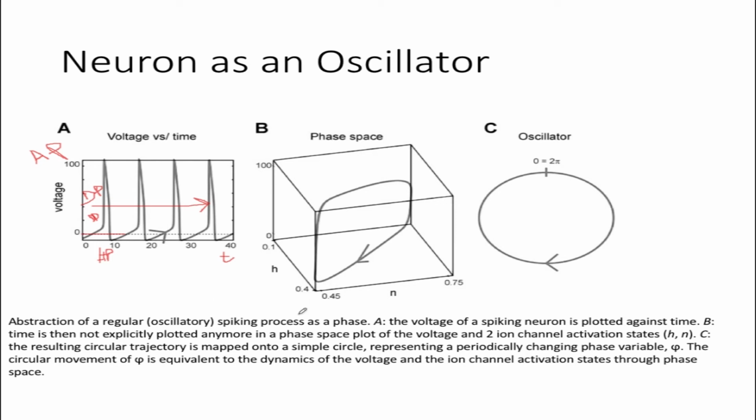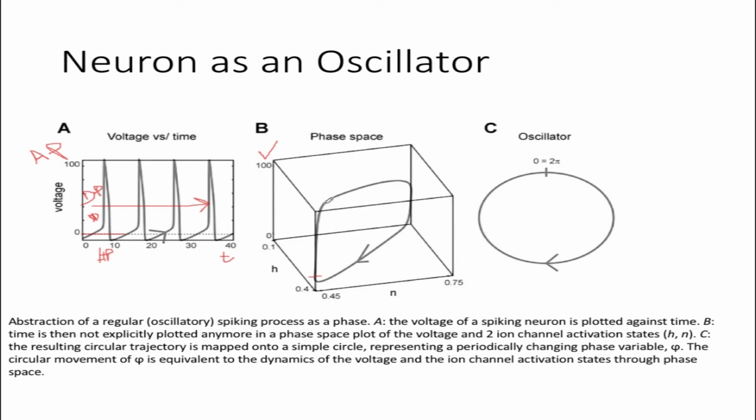Let's look into it from this point of view: here we have three axes. We have H, N, and we have the voltage. So this is the voltage axis. To begin with, let us say that we have a low voltage, and then suddenly the voltage increases once the threshold is crossed.